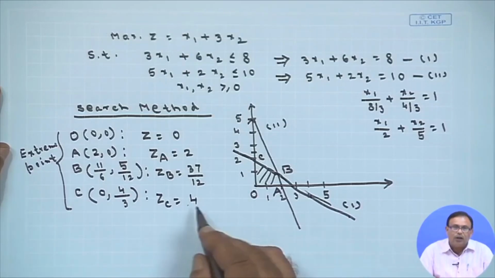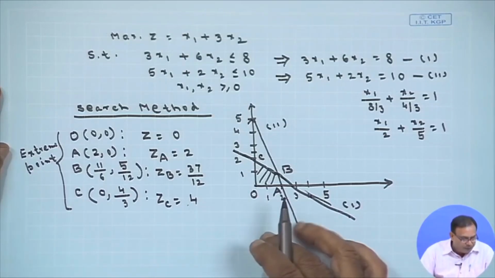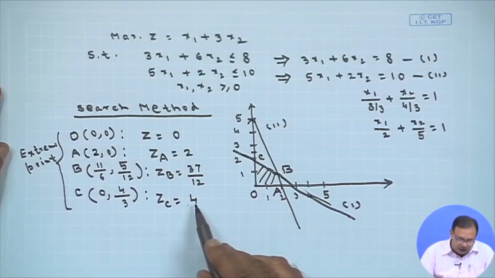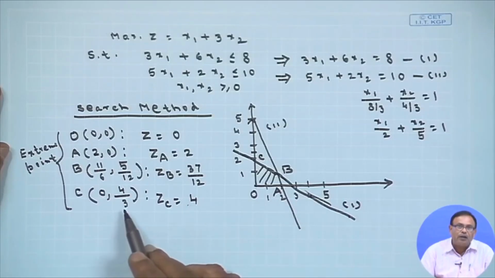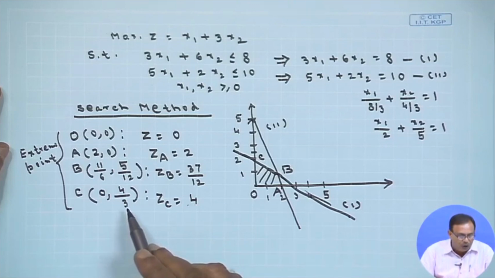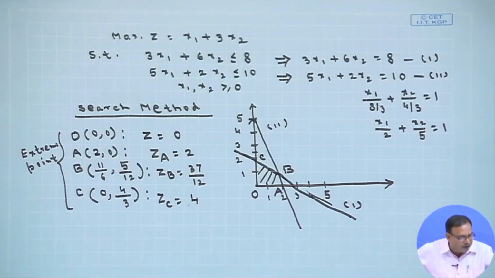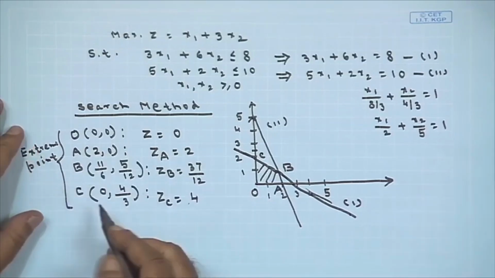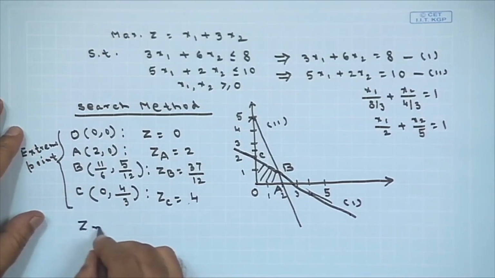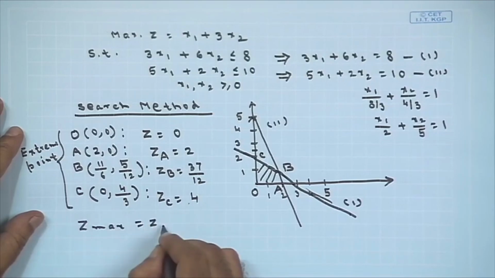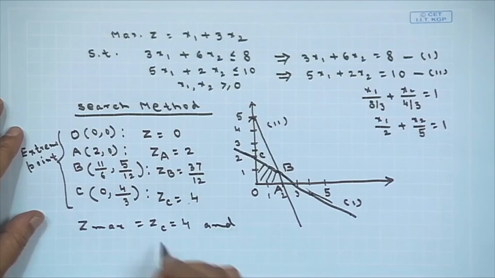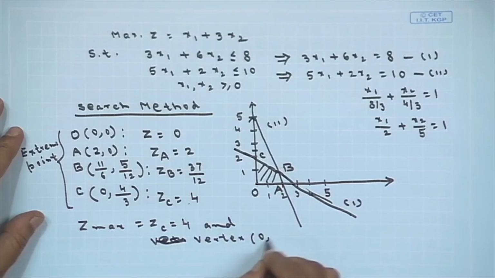So from here it is quite clear that the optimum is attained at the extreme point (0, 4/3). Therefore z max equals z at C, which equals 4, and the corresponding vertex is (0, 4/3).